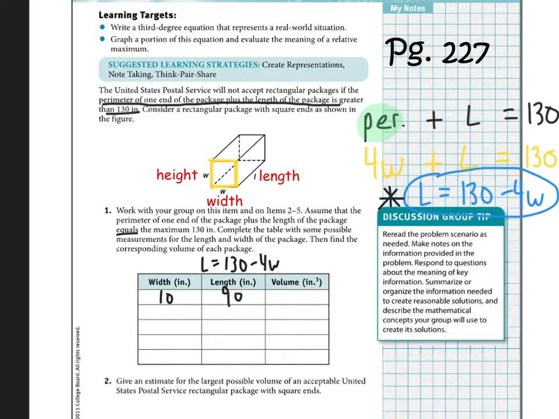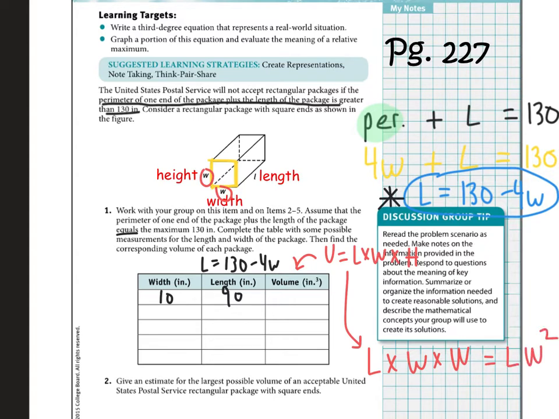To get the actual volume of those dimensions, volume equals length times width times height. Here's why in this situation we're making the height and the width both equal to W. I can rewrite that as length times width, and the height is also W, so I can write that as L times W squared, because it's width times width.